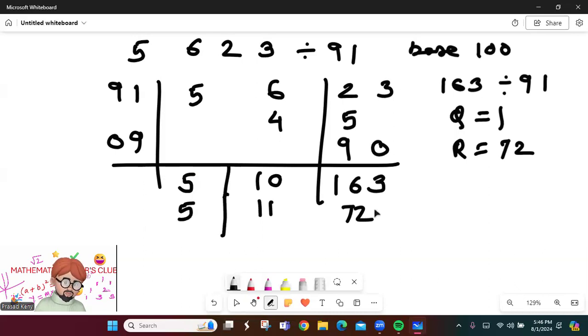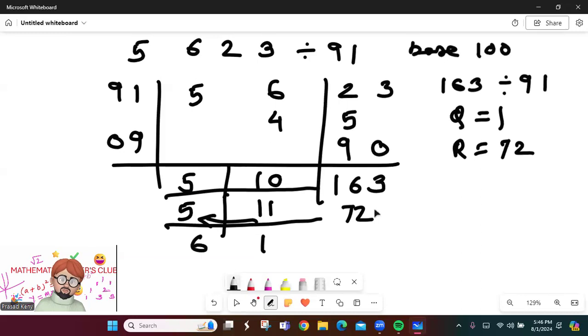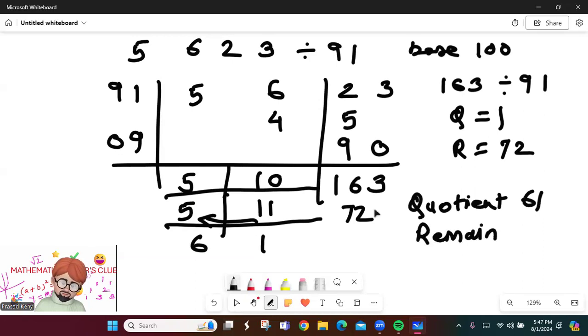So this will become 11 and this is 5. Now as we have already seen, these are the digits of the number. So quotient cannot have 11 as a digit. So keep 1 here and carry forward 1. So 5 plus 1 is 6. So that will give the final quotient as 61 and the final remainder is 72.